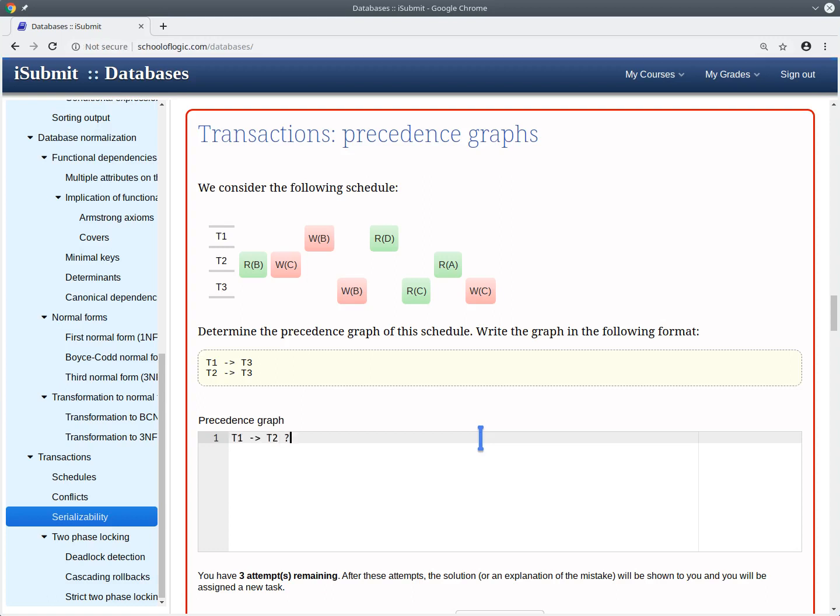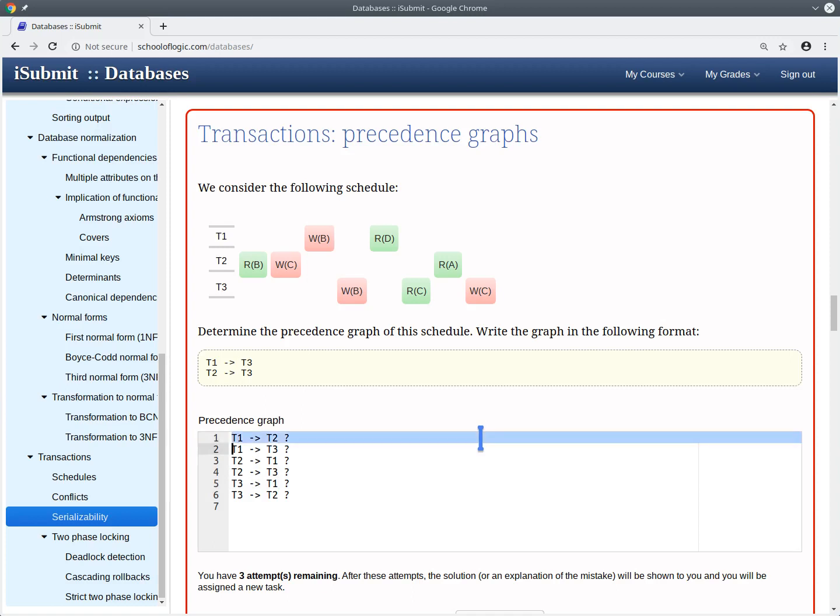I will put a question mark because we're not yet sure. We may have an edge from T1 to T3, from T2 to T1, from T2 to T3, and from T3 to T1 and T2. Okay, that's the possible edges that we might have. Now let's step by step check whether the edge should be there or not.